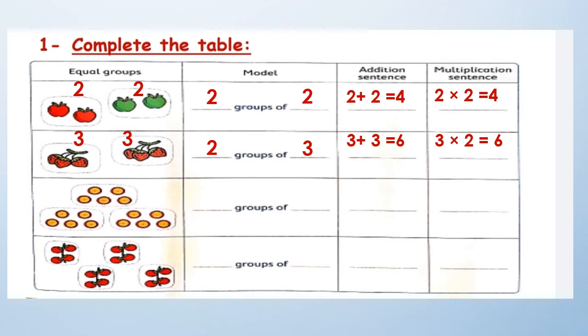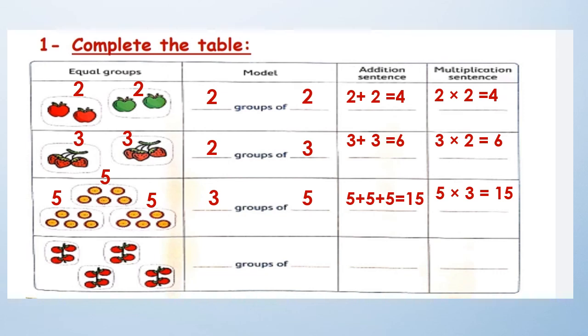The third, I have three groups and each group has 5 items. I have three groups of 5. 5 plus 5 plus 5 equals 15. And the multiplication sentence here, as we know, 5 is repeated 3 times. Then I will write 5 by 3 equals 15.